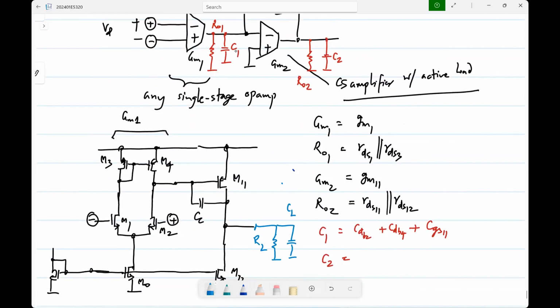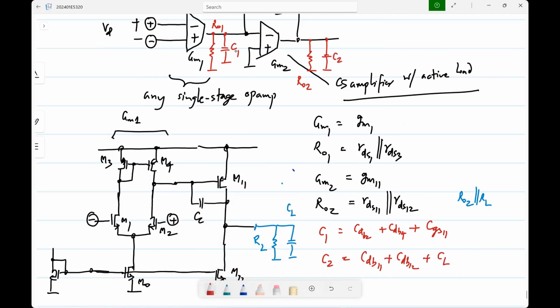If RO2 is the output resistance, then to calculate the DC gain you will have RO2 parallel RL. And if you have a load capacitance CL, this total C2 would be CDB11 plus CDB12 plus CL.